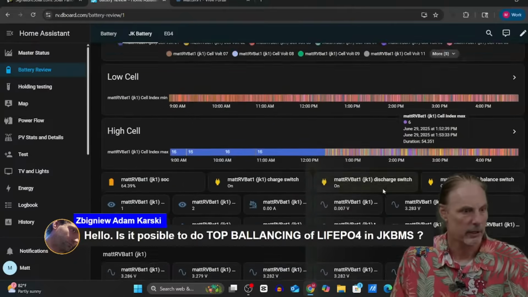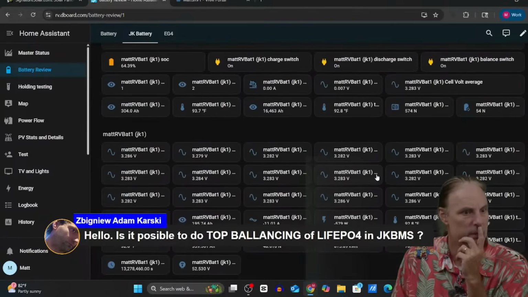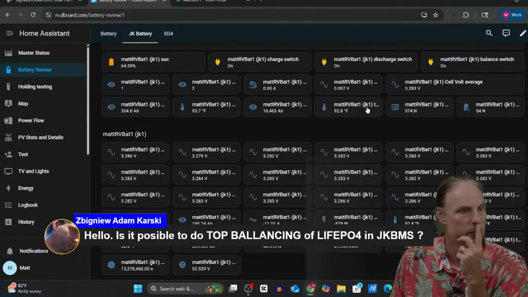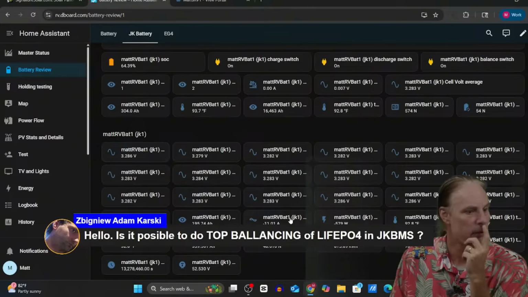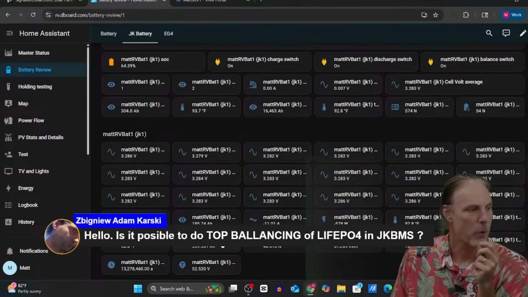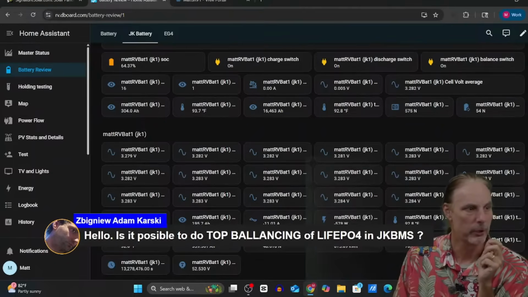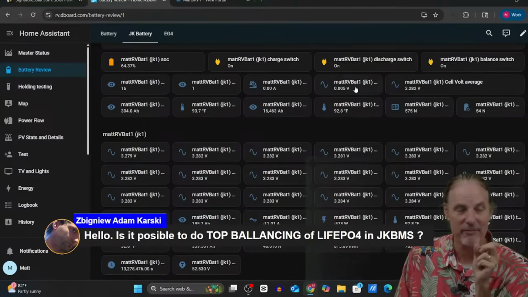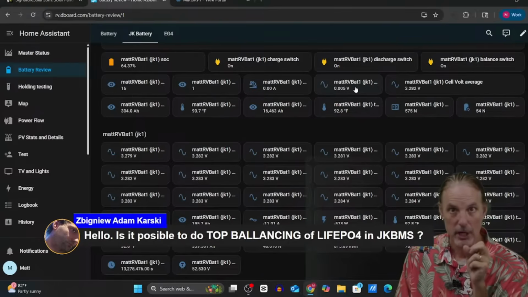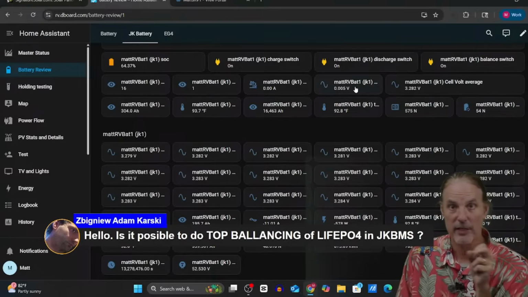And let's see if I can come down here into some of these stats and give you an idea of what it is. So this shows you all the different cell voltages, but mine is set to 3.4 volts before it goes into an active balance mode. But it also has to be greater than 5 millivolts difference between the highest and the lowest cell.